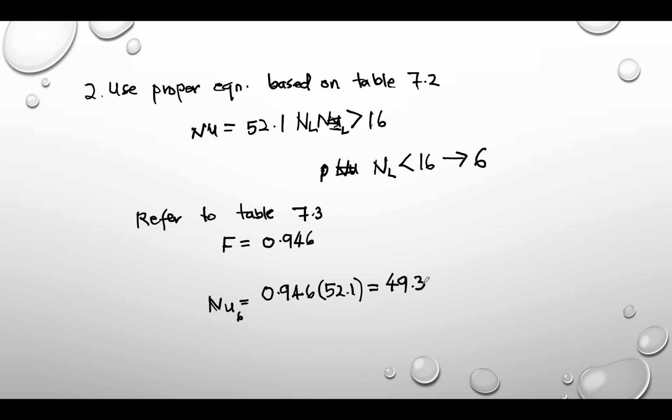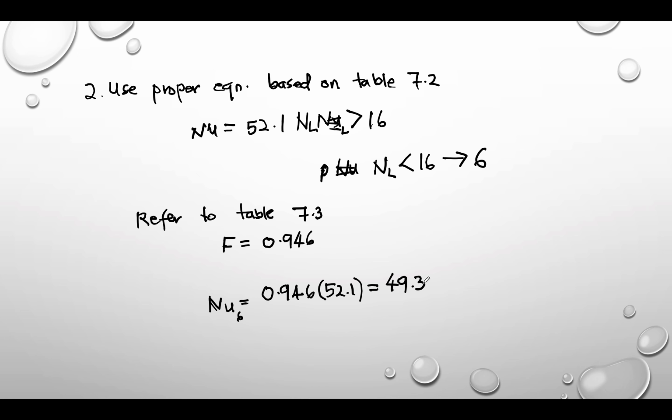This is the Nusselt number that you will use in order to calculate the value of the heat transfer coefficient. Remember, if your number of rows is below 16, you have to refer to table 7.3 to find the correction factor. And before that, you have to determine your Nusselt number from table 7.2.